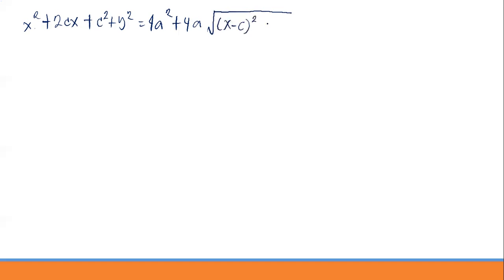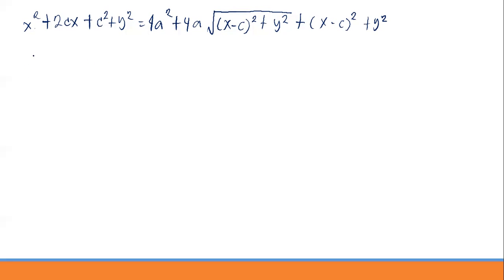x squared plus 2cx plus c squared plus y squared equals 4a squared plus 4a, all right? Then the square root of the quantity of x minus c squared plus y squared, okay? Plus x minus c squared plus y squared, okay? And then expand the remaining squares.